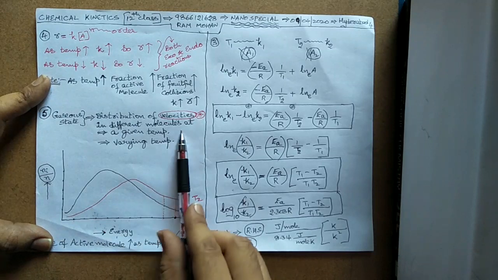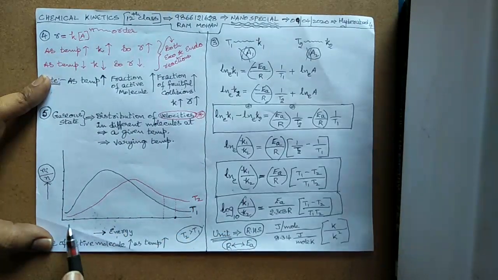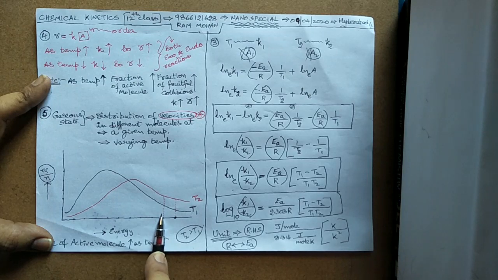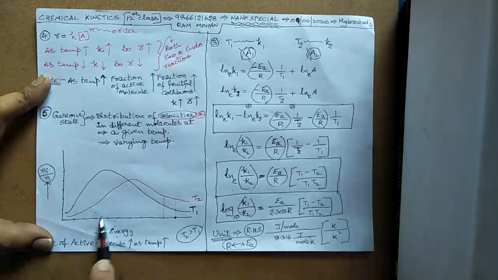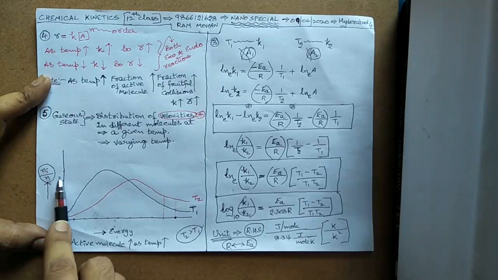Same thing even with the velocities in the gaseous state. Lower velocity containing fraction will be less. Higher velocity containing fraction will be less. Whereas intermediate velocity containing fraction will be higher.